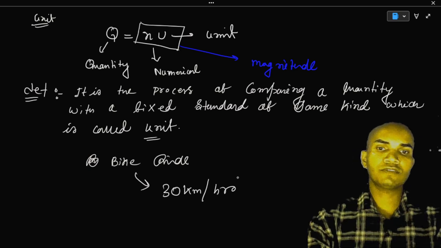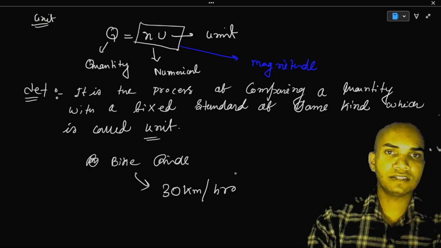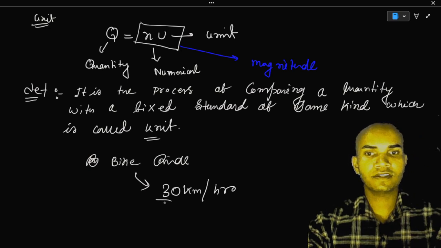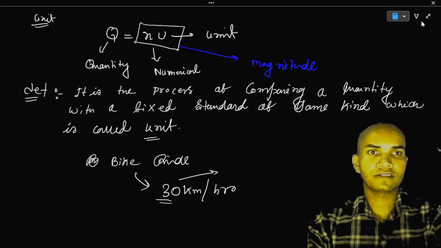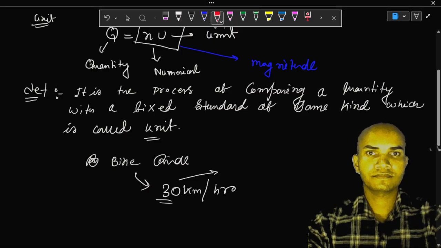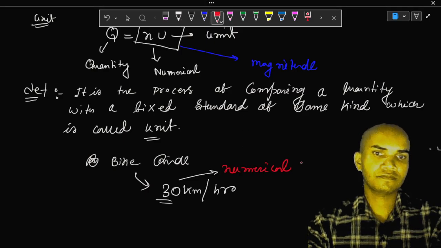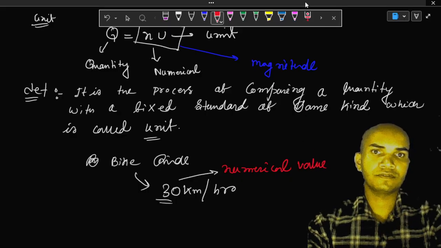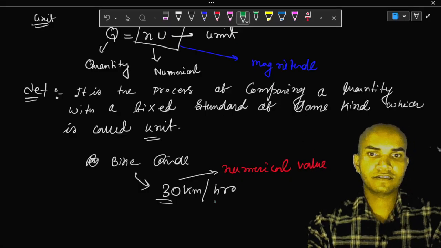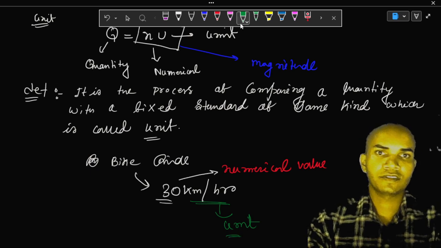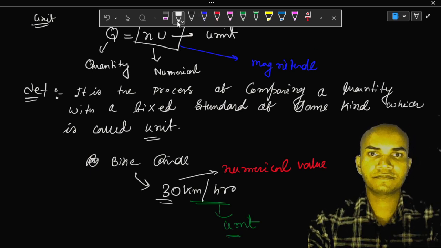Here 30 is representing the numerical value, and kilometer per hour is representing the unit.